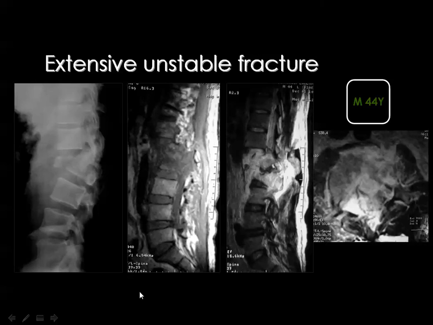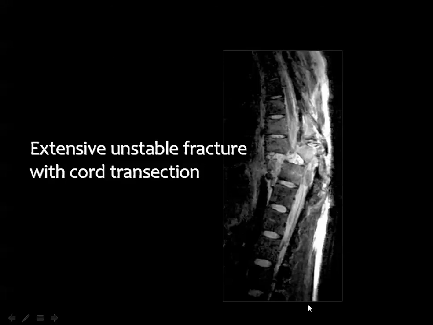This is an extensive unstable fracture of the lumbar spine. You see the fracture in the plain X-ray, and this is MRI T1 and MRI T2 weighted image, and you can appreciate the degree of bone comminution, bone marrow edema, soft tissue edema, and hemorrhage in the vicinity of the fracture, with obliteration of the spinal canal by bone fragments and hemorrhage as well.